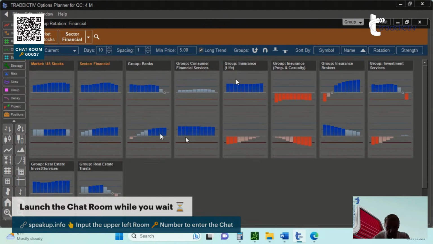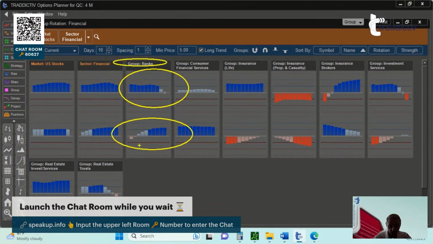I want to emphasize this because it's so essential when you're trading that you are trading with the trend. The monthly trend is up, the weekly trend is up on the banks. Before it was down and then eventually went into positive territory.